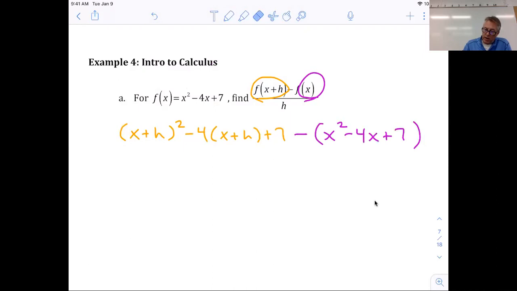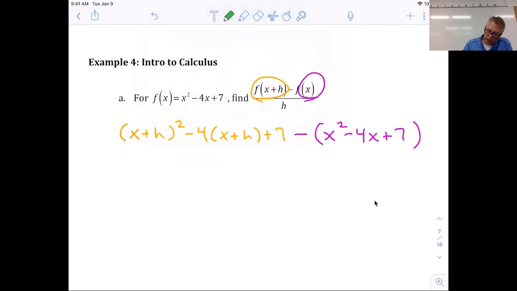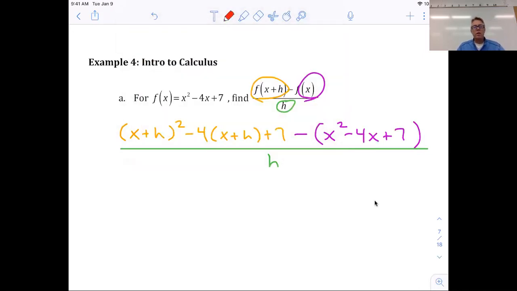So that's all f of x plus h minus f of x. And then remember that whole thing is over h. All right, so I just used what we were just talking about, plugging values into the function.